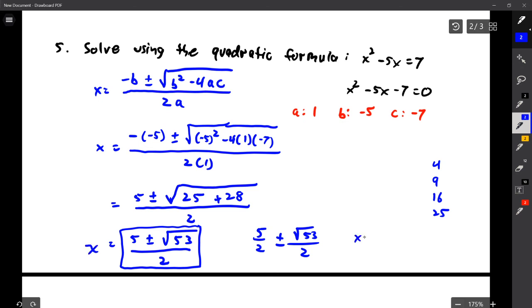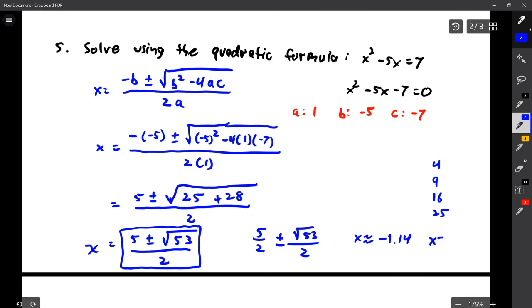So if I did the x is approximately, the 5 halves minus, because I like to do the minus first, so I'm going to do 5 divided by 2 minus square root of 53 divided by 2. And I get about negative 1.14.